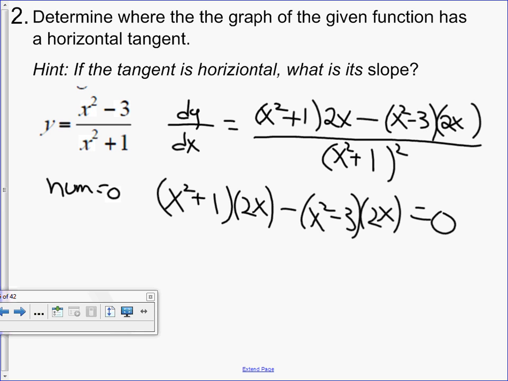Now, some people might want to just multiply everything out. Some people might want to factor; there is a GCF here in those two terms. Do you see the GCF? The 2x. You just pull out the 2x from both terms, right? Might as well if it's here. And you want to solve an equation equal to 0. If you can factor it, that's a good way to go. It's not the only way, though.